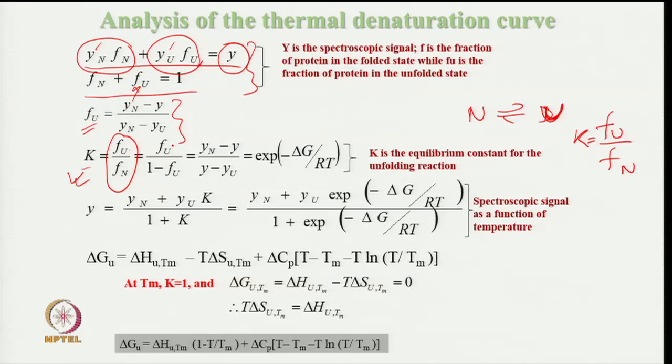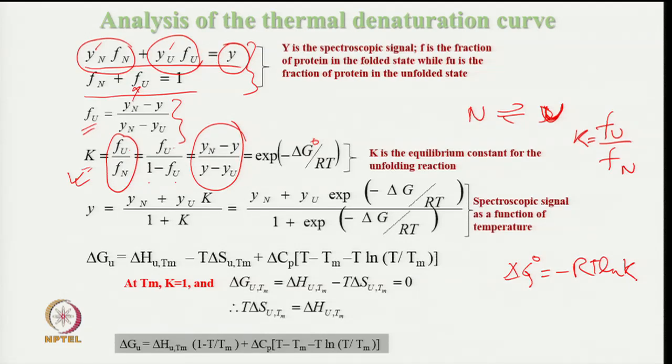So, we can simply write Fu divided by 1 minus Fu, because Fn is equal to 1 minus Fu, and this is the formula for K. So now the equilibrium constant is related to fluorescence intensity measured at different times of denaturation, and we know that K is equal to exponential of minus delta G naught by RT, since delta G naught is equal to minus RT ln K.